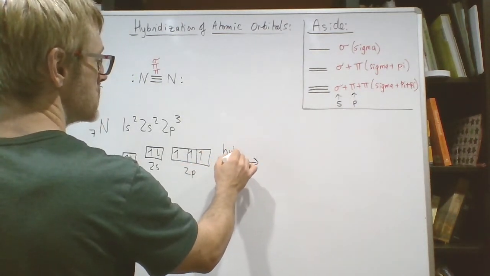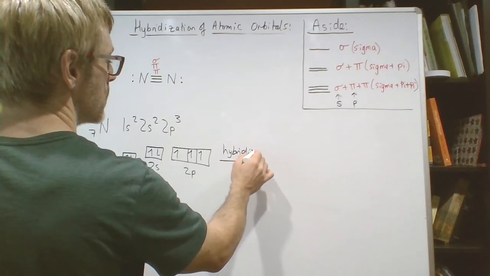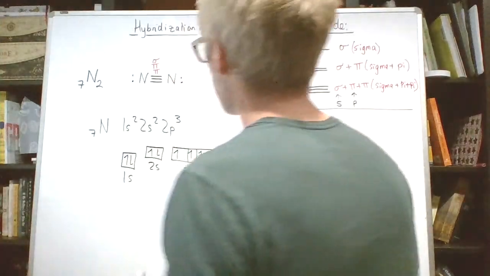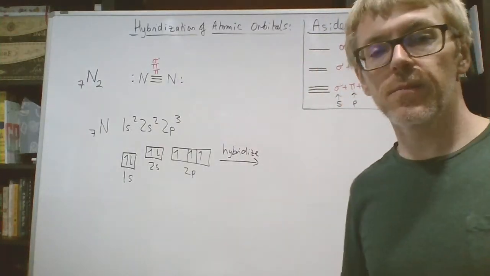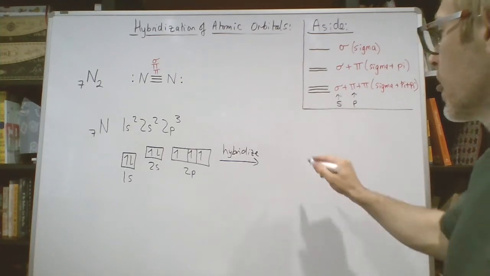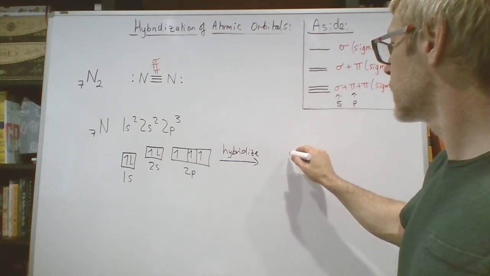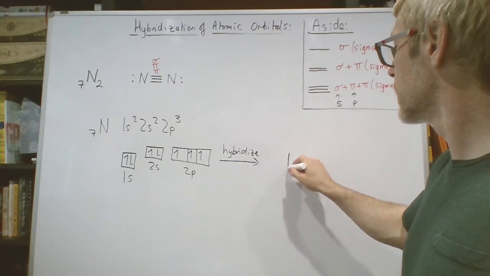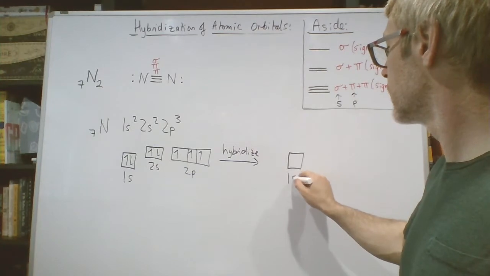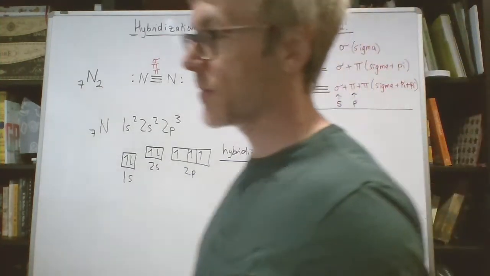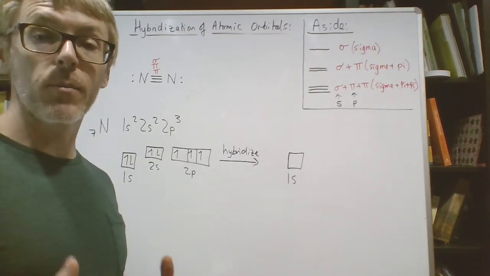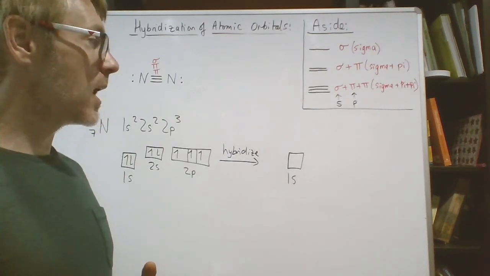I'm going to hybridize. Now I know I need two pi's, and I know that the pi's are somehow linked with the p orbitals. So how many times do I have to hybridize? Well, in the previous example, I had CO2 and I had a double bond.